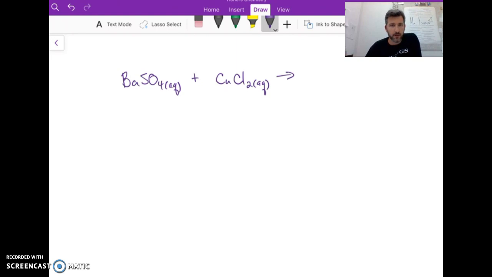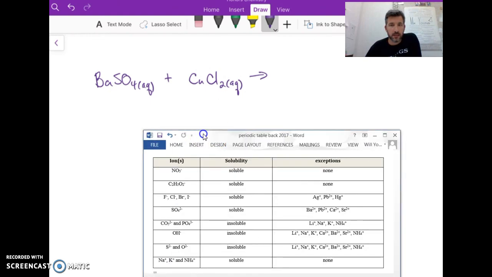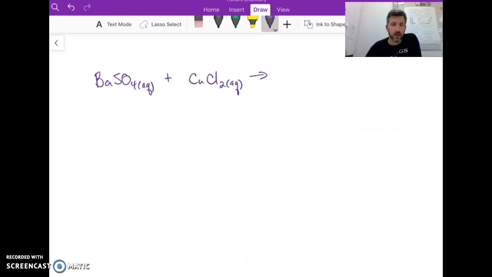I want you to go ahead and pause here in just a second. I want you to see if you can figure out what products would form on the right side, and then look at your solubility rules in the back of your yellow periodic table to determine whether it's a reaction or not. You can go ahead and predict the products and then decide if it's a reaction, and if it is not a reaction, you can just cross out your products and say NR. So go ahead and pause and give it a shot.